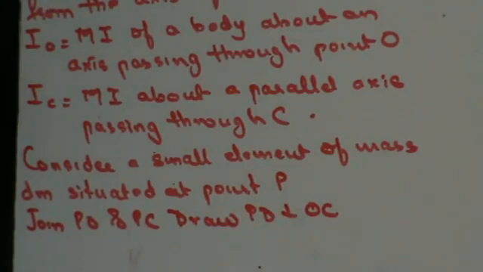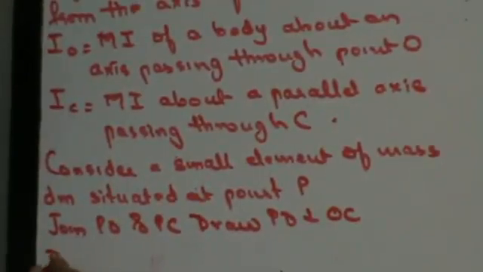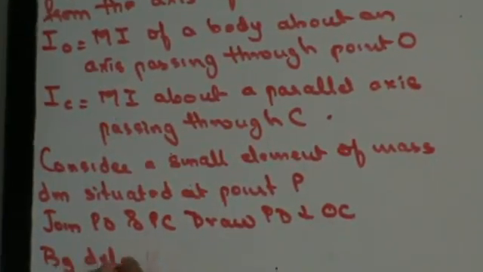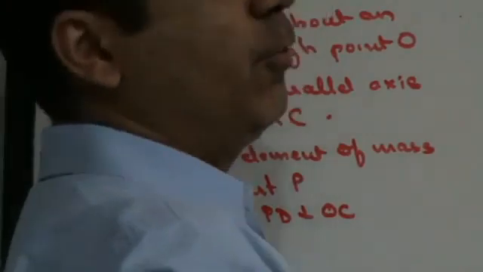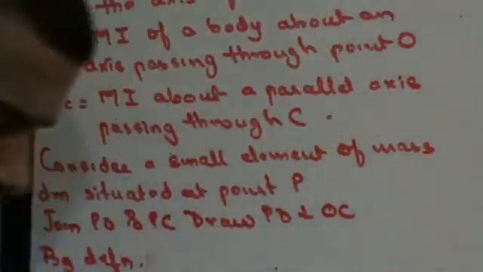Now, by definition, what is moment of inertia? By definition, moment of inertia is nothing but the product of mass and the square of the distance.